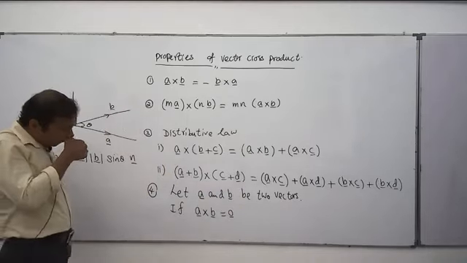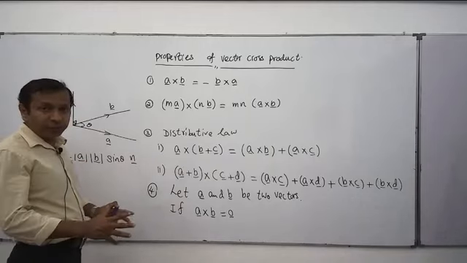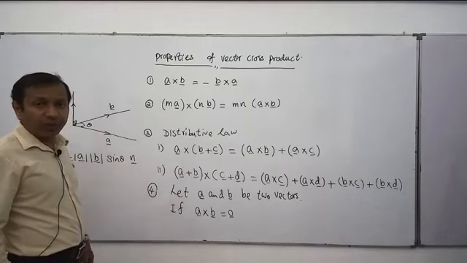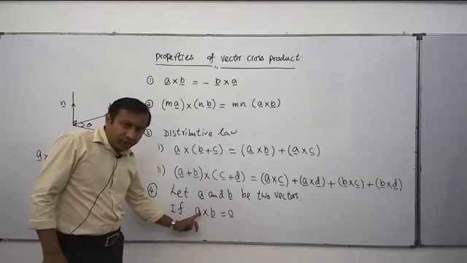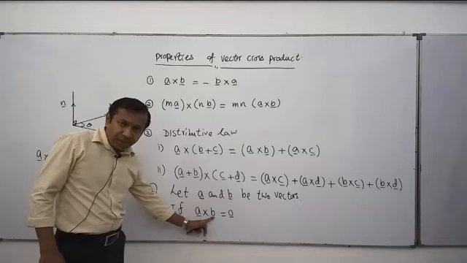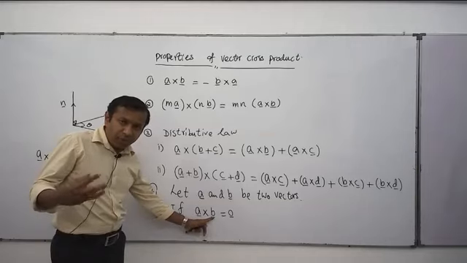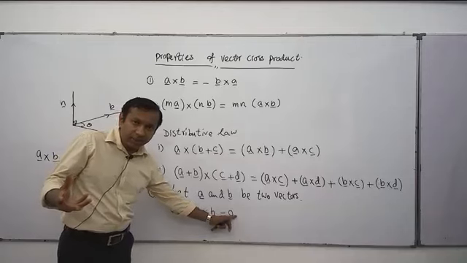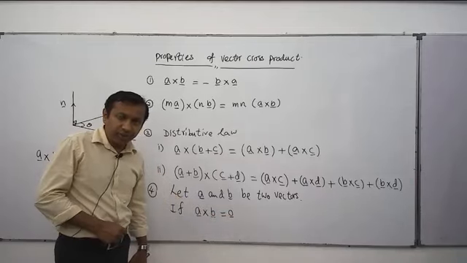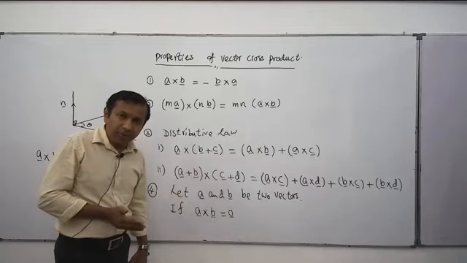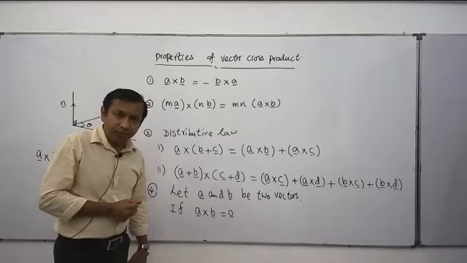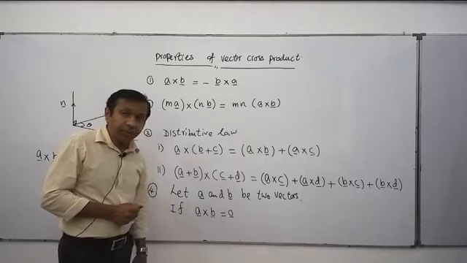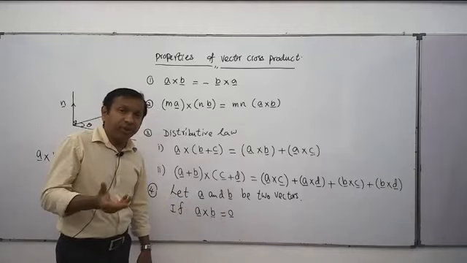Now, when we find A cross B, it is the null vector, the 0 vector. When you take the cross product between A and B vectors and the answer we get is the 0 vector, this can happen because of 3 cases.